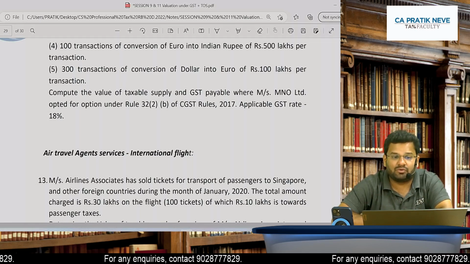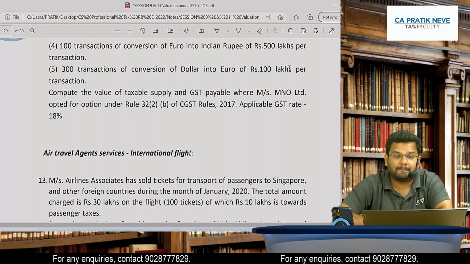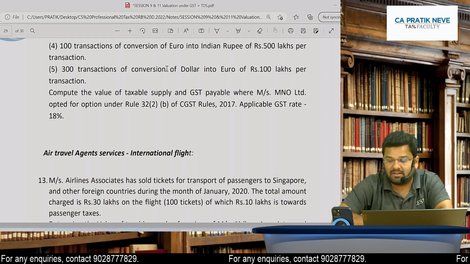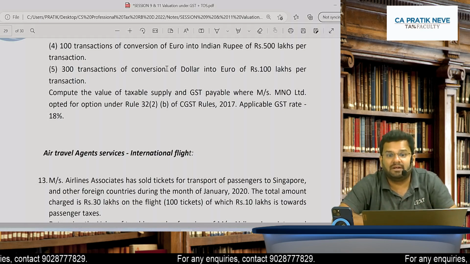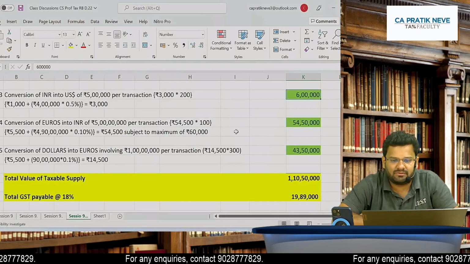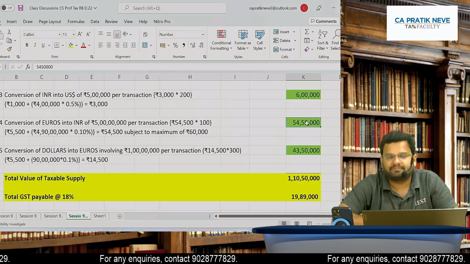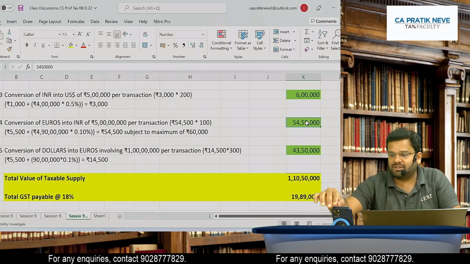Yes, 49,000. 49,000 plus earlier 5,500, 54,500 into 100 such transactions. So that is how this type of valuation is done.